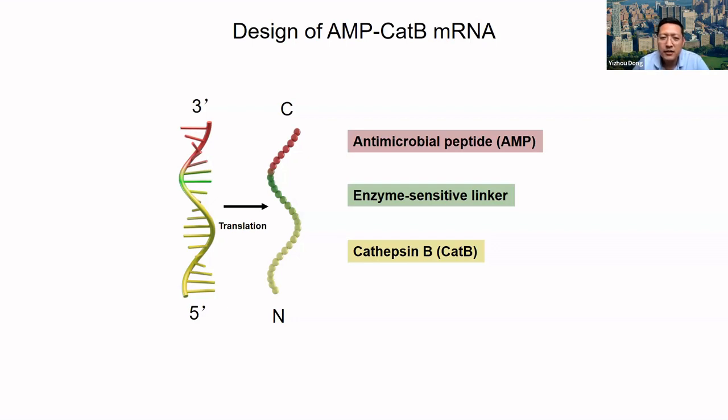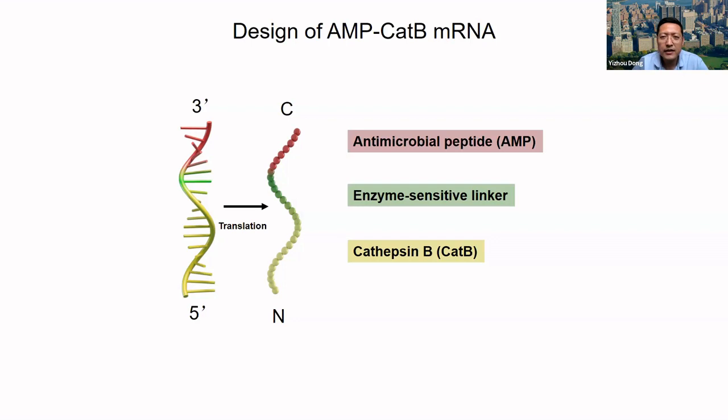So after translation, this protein can translocate the whole protein into the macrophage lysosome. And in the lysosome, the enzyme-sensitive linker would be cleaved and then release the antimicrobial peptide. And this peptide has very strong antimicrobial activity that can work together with the macrophage to eliminate drug-resistant bacteria.